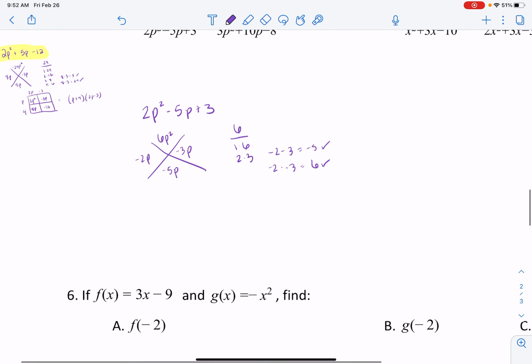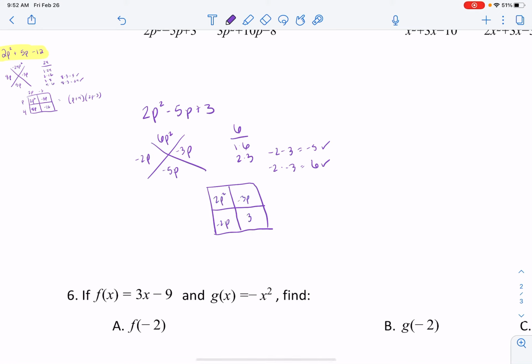I'm making my box. We put the 2p squared here and the 3. P comes out here. And 2p times negative 1 would give me negative 2.